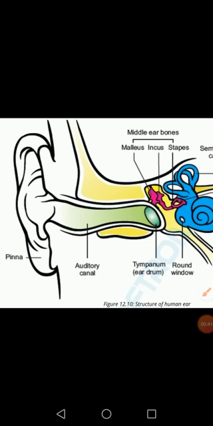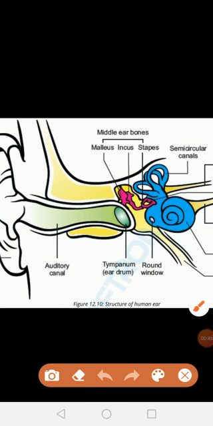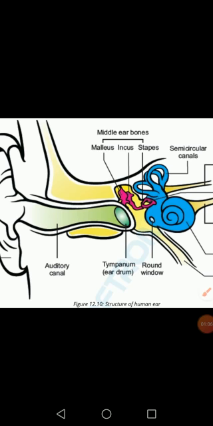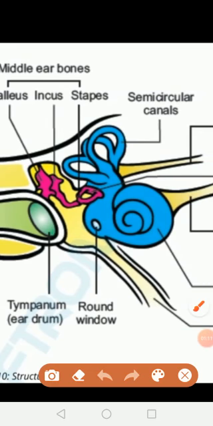eardrum. When this receives sound waves, it vibrates. There is vibration in the tympanum, and then this vibration passes to the next part of the ear, that is the middle part, which consists of different bones like the malleus, incus and stapes, and then to the oval window.